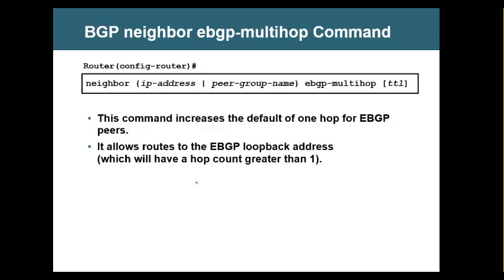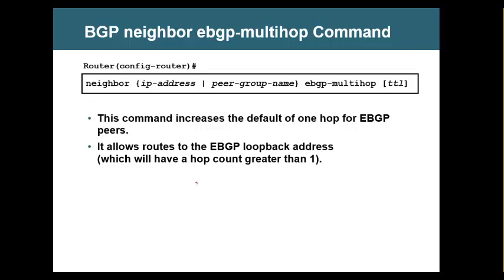Between EBGP, there are fewer reasons why I should use loopback to form neighbor. In case you need to form EBGP using loopback, then we have to increment the TTL value by using this command.